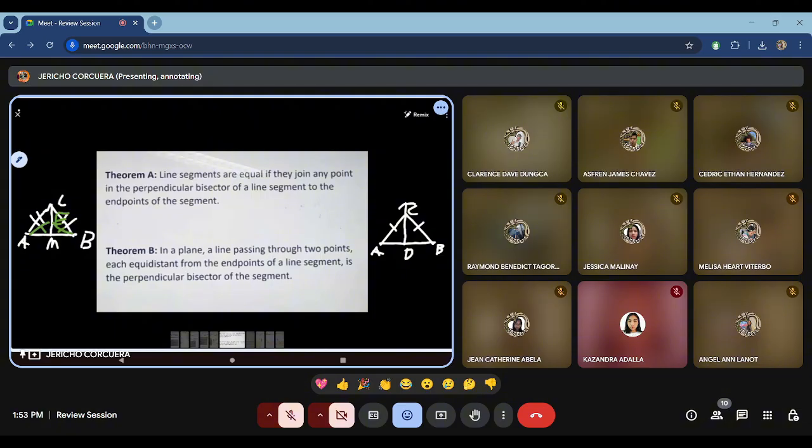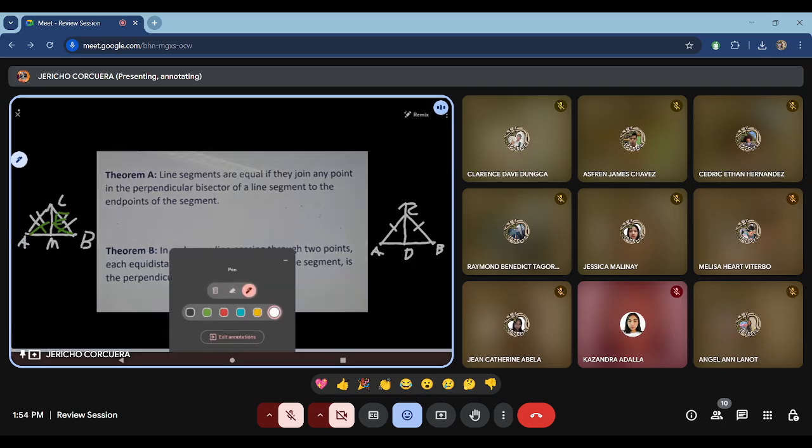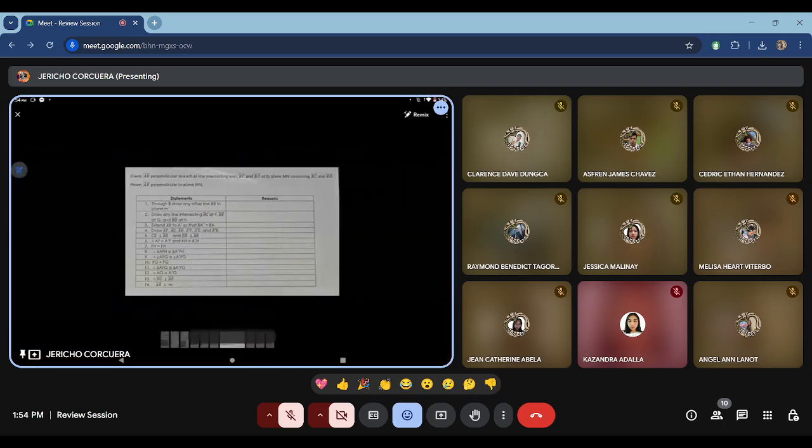So we will introduce this. So we will now continue since we all know the theorems here. So let's continue. So this is the two-column proof.